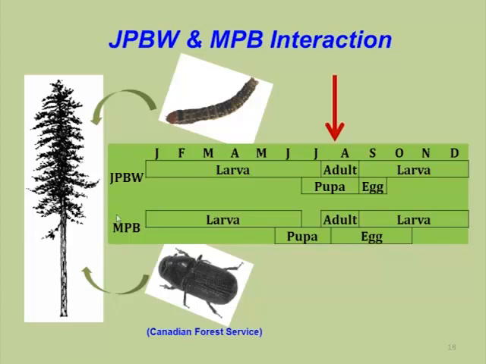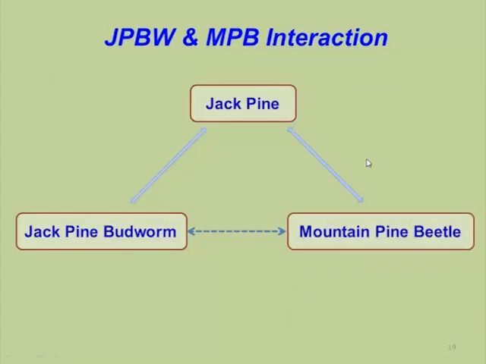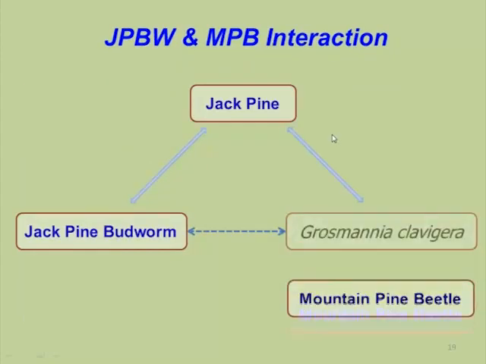When the mountain pine beetle emerges and is seeking suitable host trees, jack pine budworm has just finished the defoliation and then looks for additional hosts. Around this time, all these trees could be highly, highly susceptible to the mountain pine beetle.